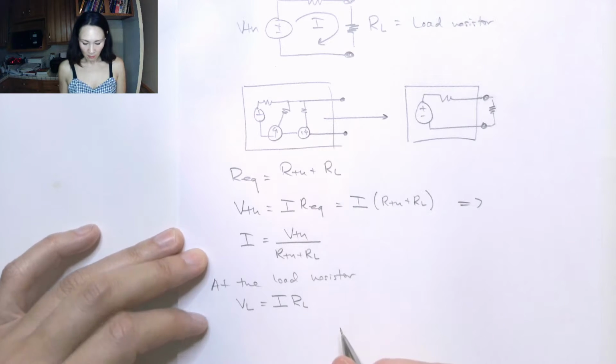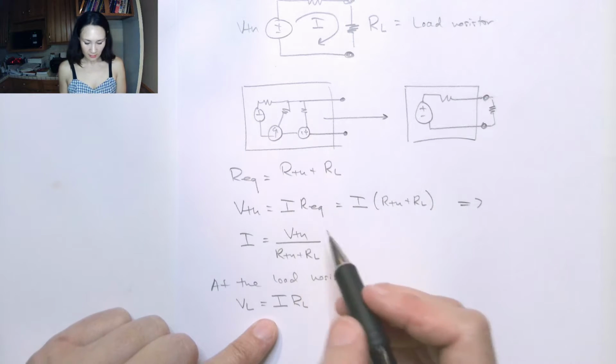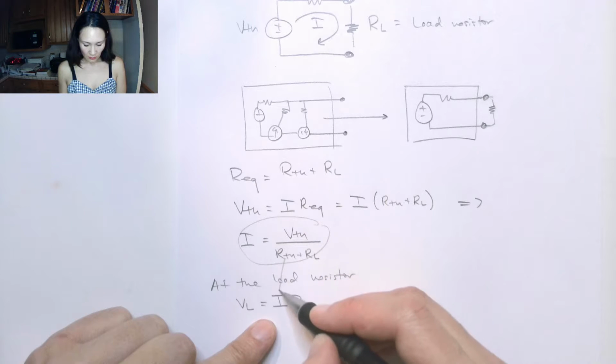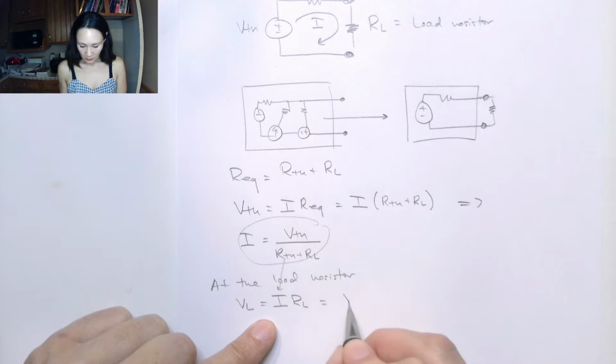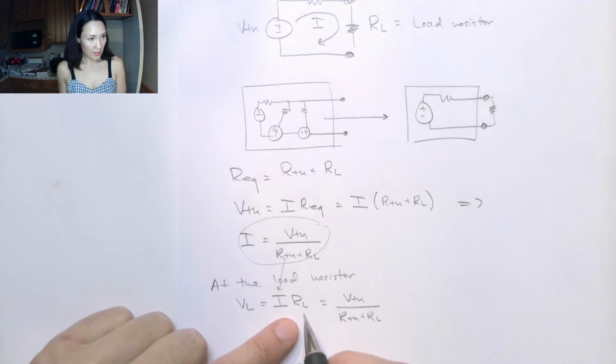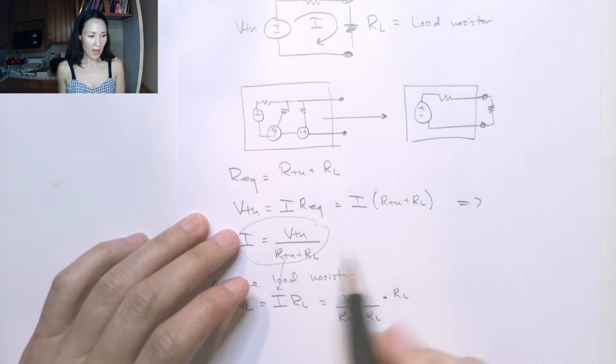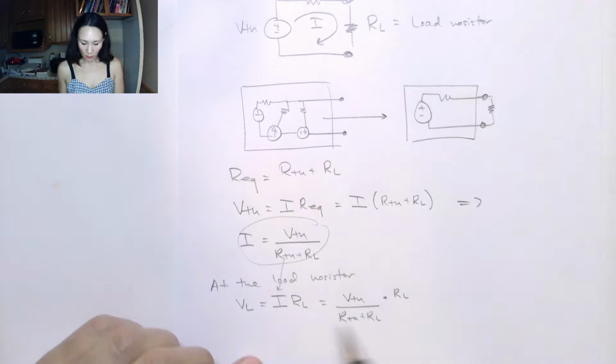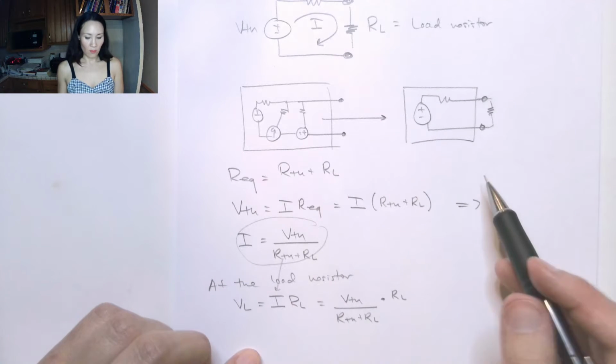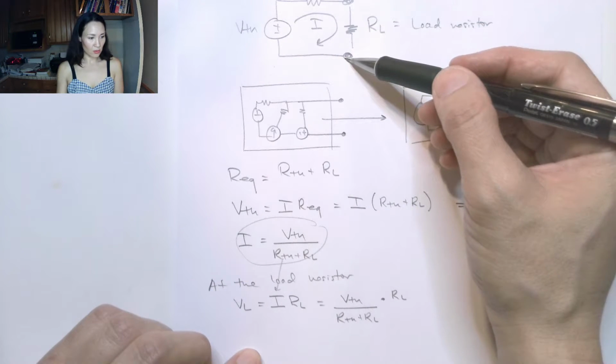I came up with an equation for I, so I can substitute it in. This gives me V Thevenin over R Thevenin plus R load, multiplied by R load. Now I have an equation for the voltage drop across the load resistor.